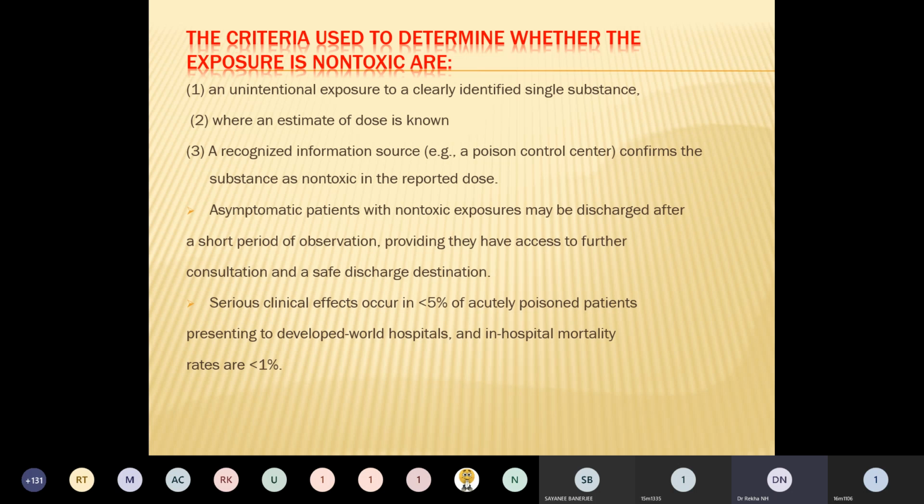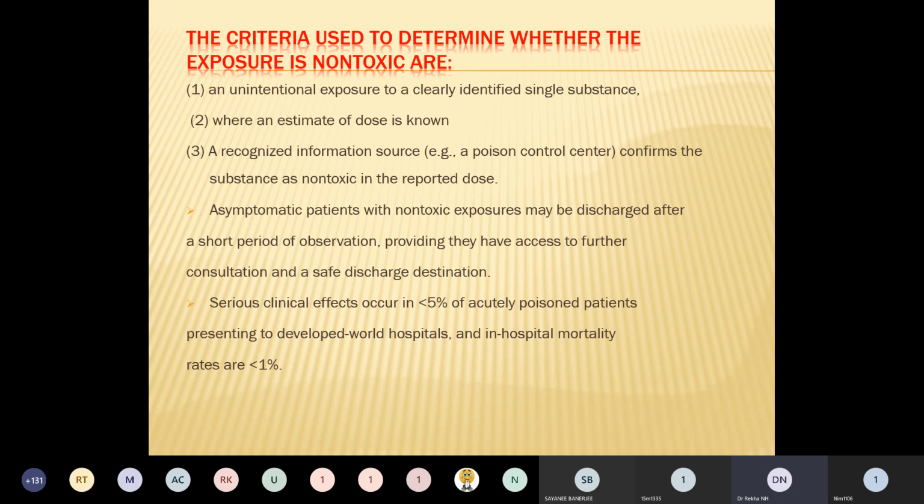And an estimate of the dose is known, he knows how much he has taken. And a recognized information source, that is the poison control center, confirms that the substance is non-toxic at the reported dose.